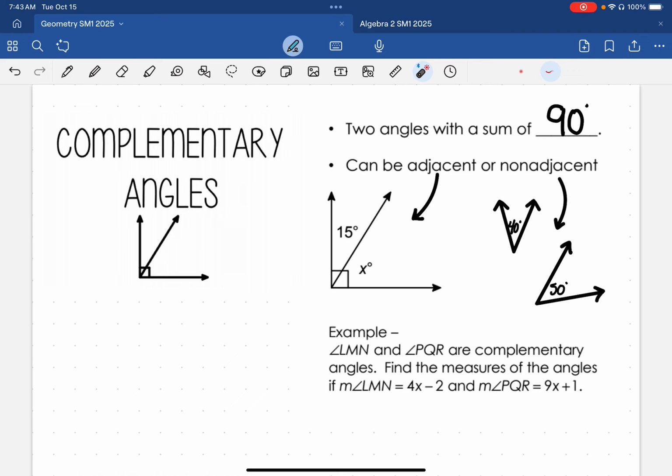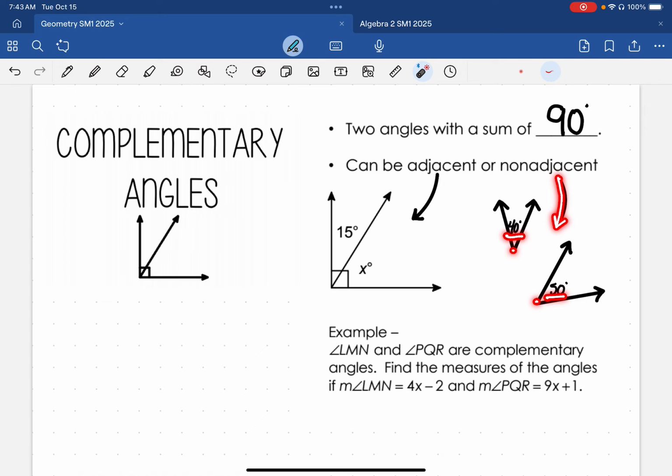Complementary angles are two angles with a sum of 90 degrees, as of course you saw on the front of the foldable. They can be what is called adjacent, which is when you see them drawn together and you see the 90-degree box marked, or they can be what is called non-adjacent, which means that they're two separate angles and they add up to the 90 degrees.